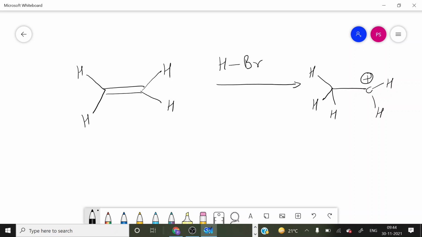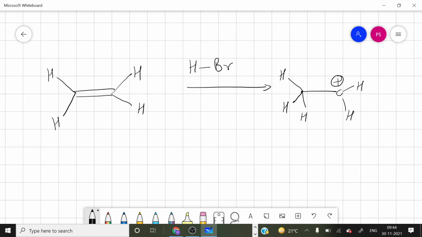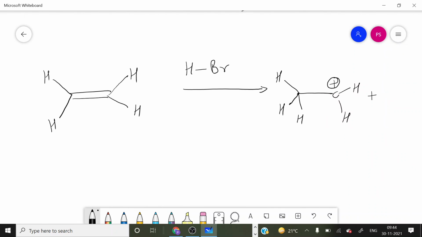Sometimes I write carbon and sometimes I do not write carbon, but carbon is there. Plus Br minus. Okay, so how can you write the curly arrows or curved arrows to form these two species?